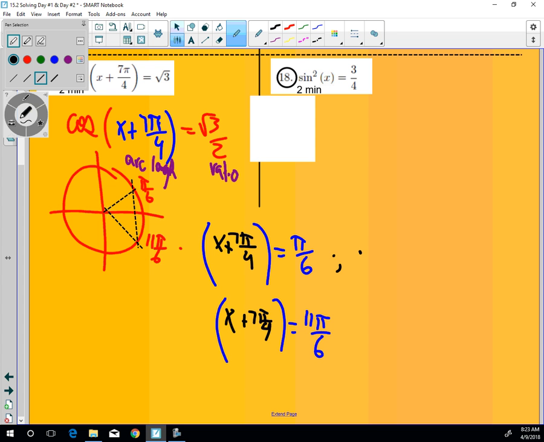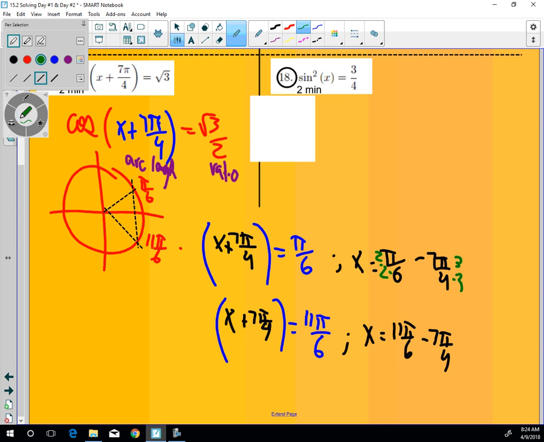Now we're going to have x is equal to pi over 6 minus 7 pi over 4. And then here, x is equal to 11 pi over 6 minus 7 pi over 4. It's no big deal, but you just go ahead and put in a 2 and a 3.